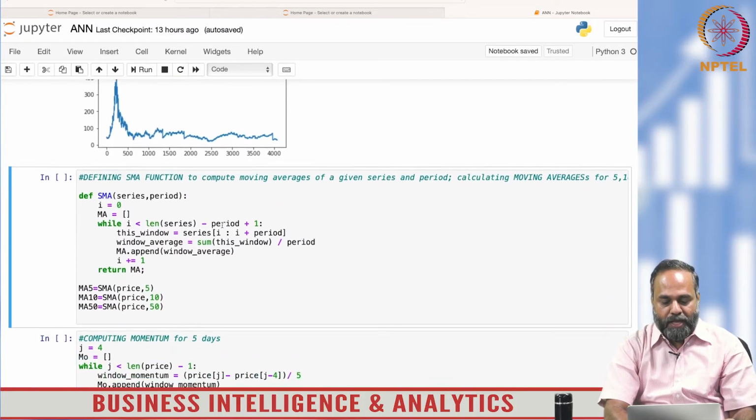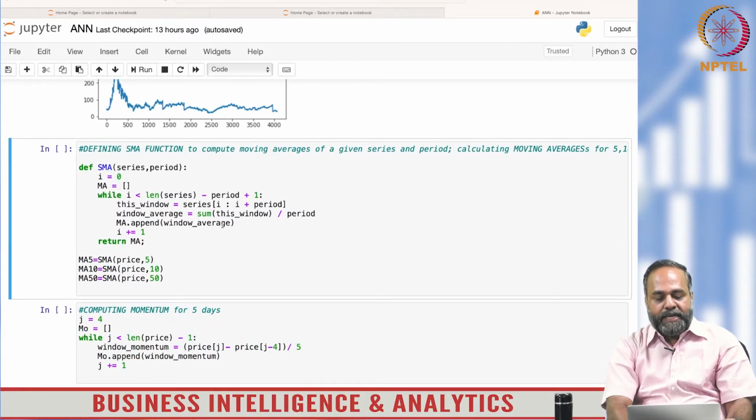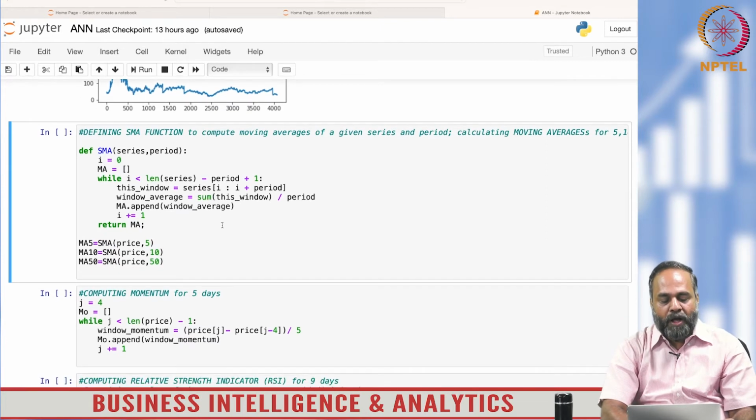And now in the next cell, I have defined a function for moving average.